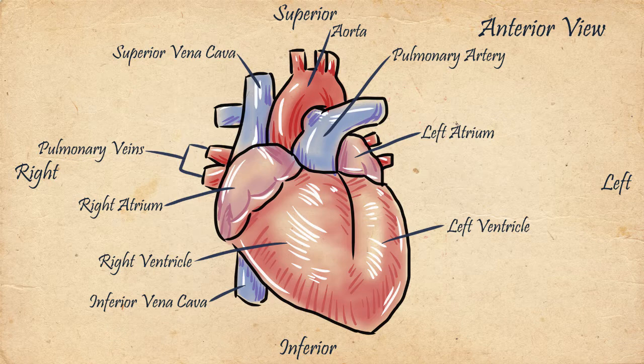The right side of the heart receives deoxygenated blood from the rest of the body and pumps it into the lungs to be oxygenated again. The freshly oxygenated blood from the lungs then enters the left side of the heart to be pumped to the rest of the body. When the oxygen in the blood gets used up by the body and sent back to the right side, the circular process restarts.